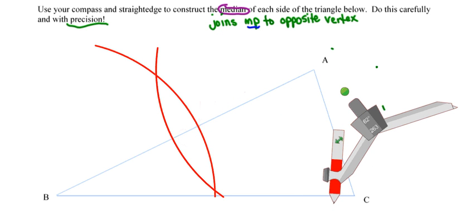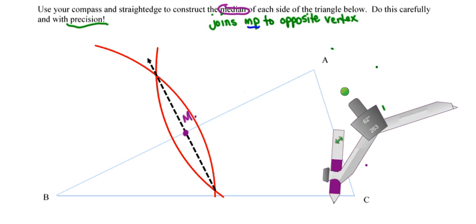Now recall that the only purpose for doing this construction is to find the midpoint. So I'm going to use a dotted line to connect the arcs in my construction, because that dotted line is actually my perpendicular bisector. The only reason I wanted to construct the perpendicular bisector was so I could find the midpoint.